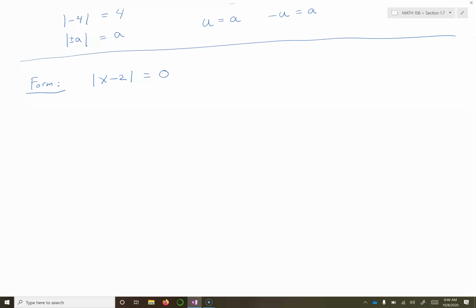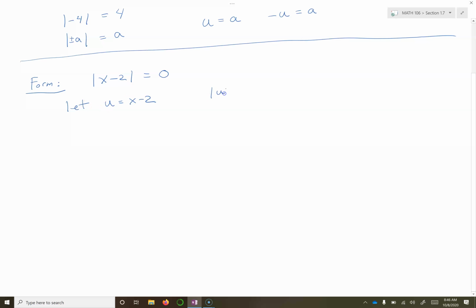Now this is a special case where 0 is not positive and it's not negative, right? So there really will only be one solution to this. So what you would do is let u be equal to x minus 2, because we're going to use u for all of these.